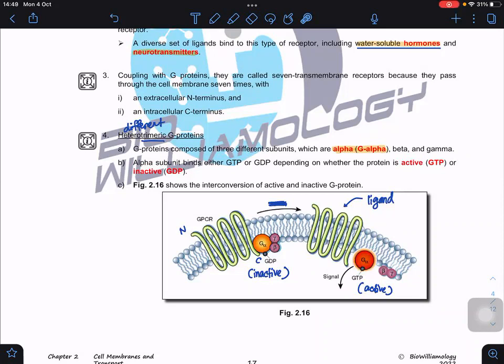When G alpha becomes active, it causes a series of reactions. Figure 2.16 shows the interconversion of active and inactive G protein. This one is inactive, this is active, with GTP. Now this G alpha has become active.